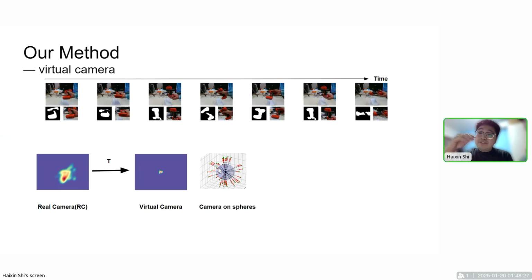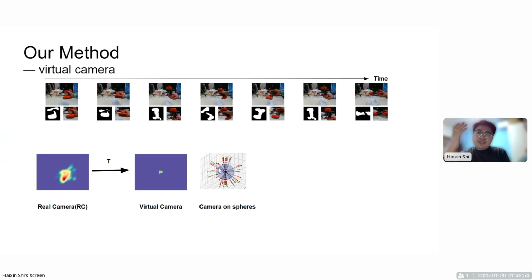So we only need 4 degrees of freedom to estimate the poses. 1 degree for the distance between the camera and the object, and 3 for the rotation of the camera around the object. So we don't need the standard 6 degrees of freedom to depict the object pose. So we can reduce the search space a lot.